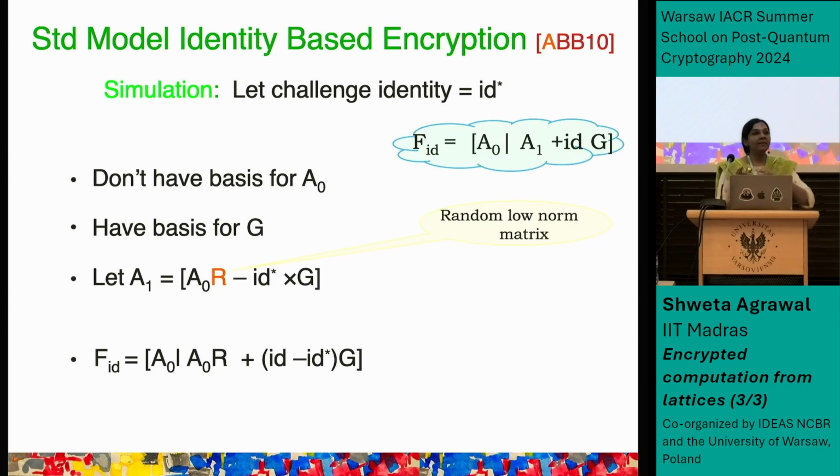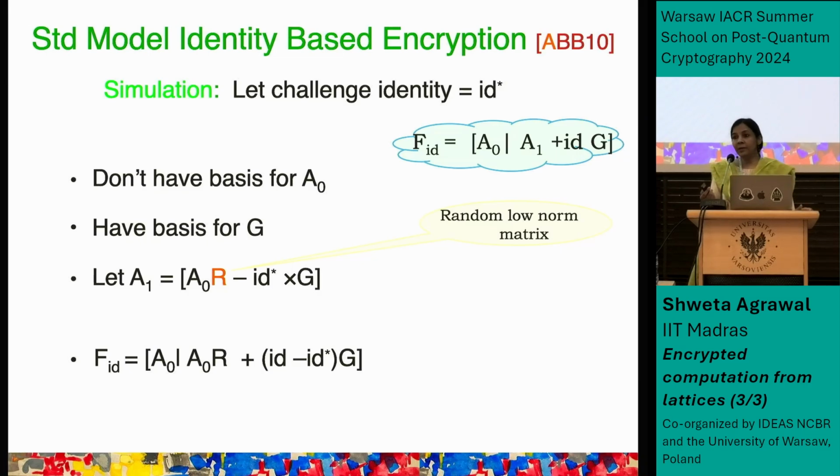This is answering one of the questions from the back right at the beginning: why did we need the selective security definition? Note that I'm embedding ID star into my public parameter. So I'm computing my A1 dependent on ID star in this way, and FID is therefore going to work out to be this.